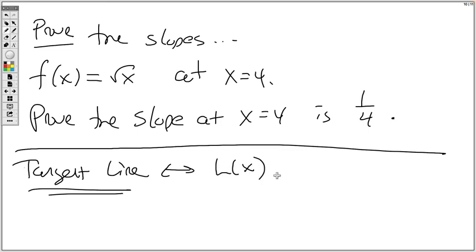That's going to be like our L of x. That's our best linear approximation. When you zoom in, if you zoom in and you see a line, we're going to call that the tangent line. Tangent comes from your old friend tangent. Tangent typically means it just touches, right? That's what tangent means. We're going to call this the tangent line.